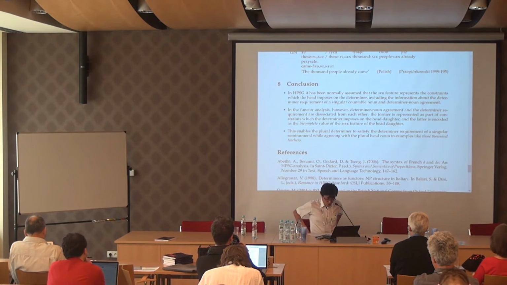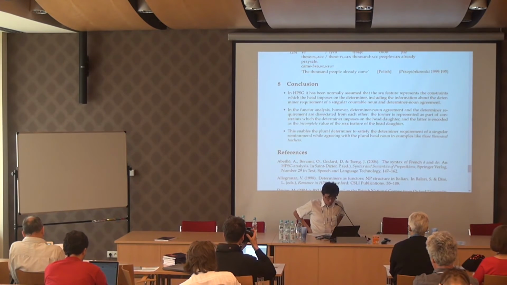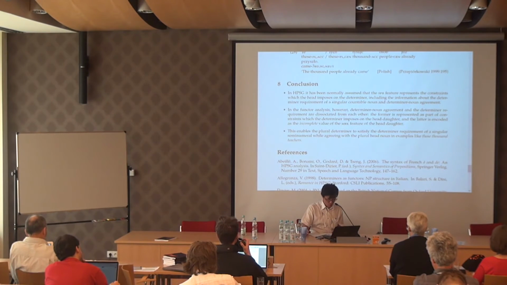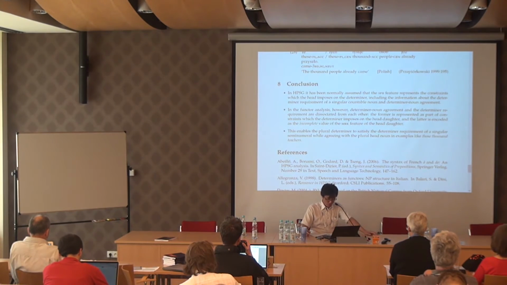Determiner noun agreement is represented as part of constraints which the determiner imposes on the head daughter, and the determiner requirement is encoded as an incomplete value of the marking feature of the head daughter. This enables the plural determiner to satisfy the determiner requirement of a singular seminumeral, while agreeing with the plural head noun in examples like those 1,000 teachers.